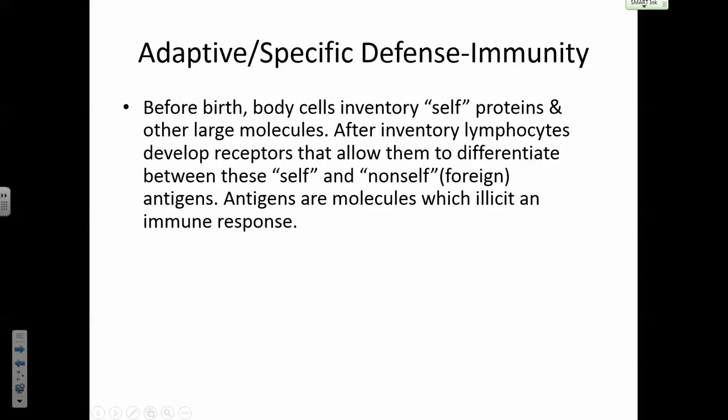Then as they encounter later on other antigens that are not of you, they're going to combat those in a variety of ways. So you have your self antigens and you have your non-self or foreign antigens. Your immune system is designed to recognize anything that is not of you and to combat that by releasing some specific chemicals.